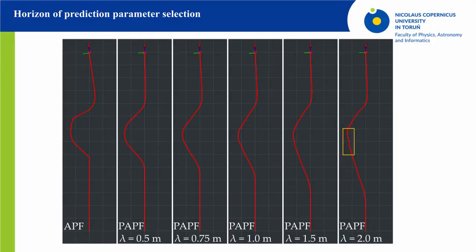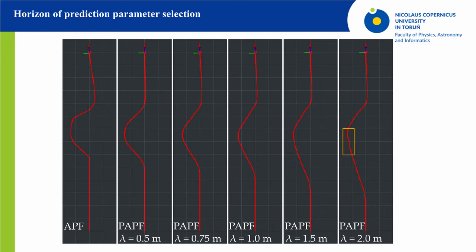One can see that a longer horizon of prediction provides a smoother and shorter path. For a horizon of prediction equal to 2 meters, unsmooth movement occurs, which was caused by the above-mentioned inaccurate prediction in a long horizon due to lack of perception behind the obstacle.